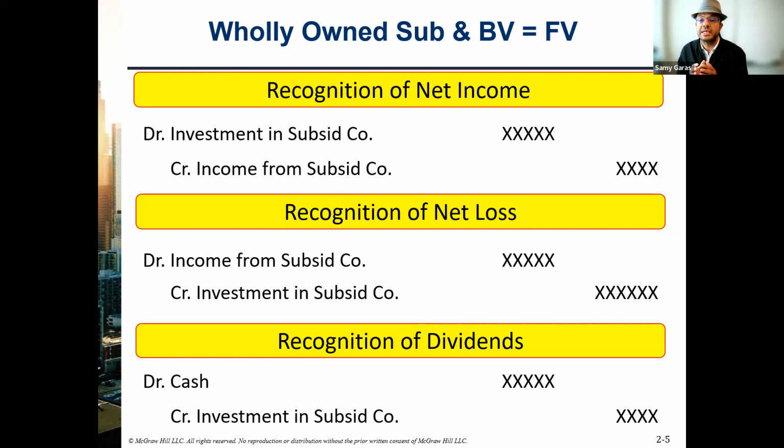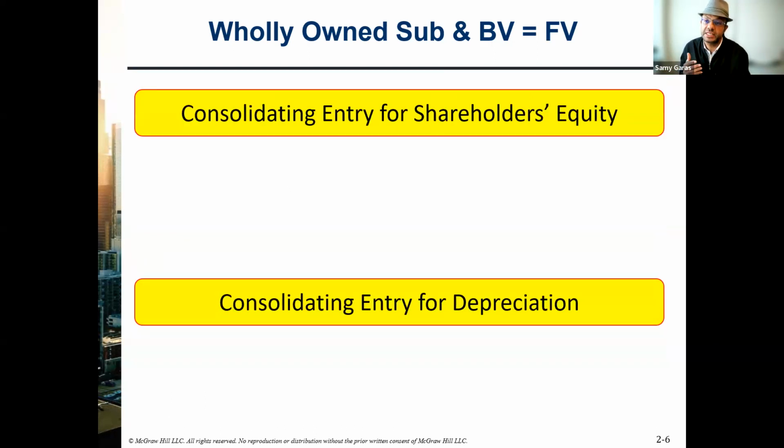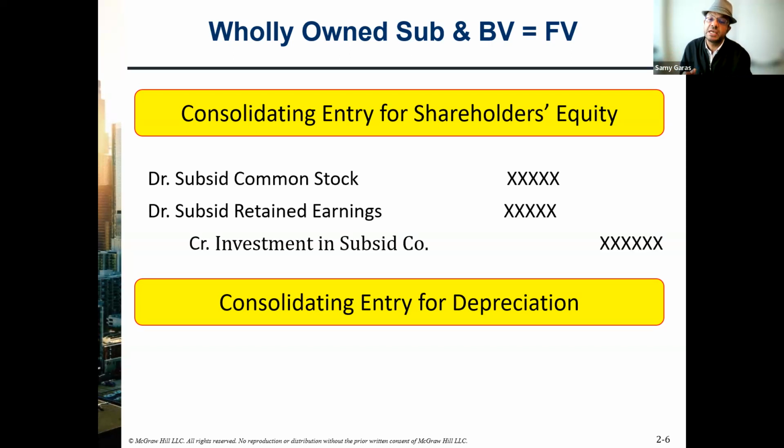And before we make the financial statements, we have to do consolidating entries. One for the shareholders' equity, where we close off the investment account, the common stock, and the retained earnings of the subsidiary. So we debit subsidiary common stock, debit retained earnings for the subsidiary, and credit investment.